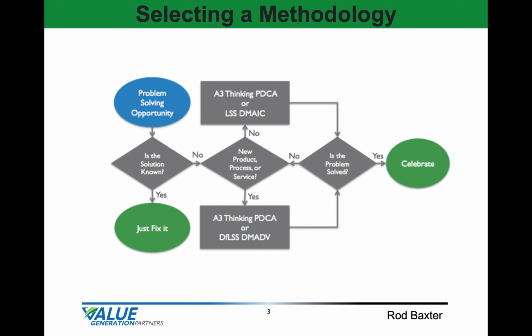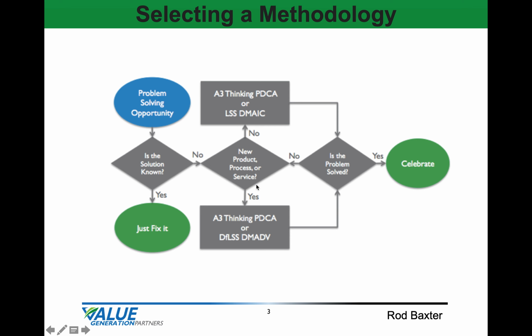And we'll take a look at a decision-making diagram. So do we have a problem-solving opportunity, and is the solution known? If the solution is known, then just fix it. Don't launch any complicated methodology at all. If the solution is not known, is it a new product, process, or service? If the answer is no, we'll use either A3 thinking PDCA or Lean Six Sigma DMAIC.